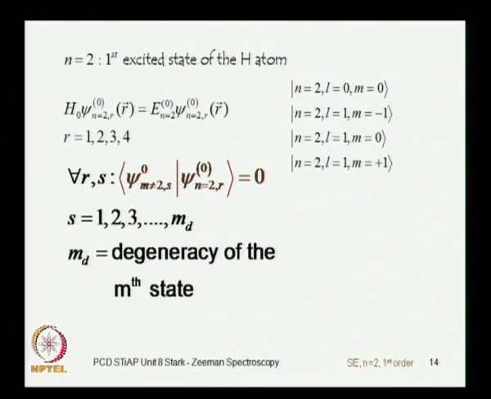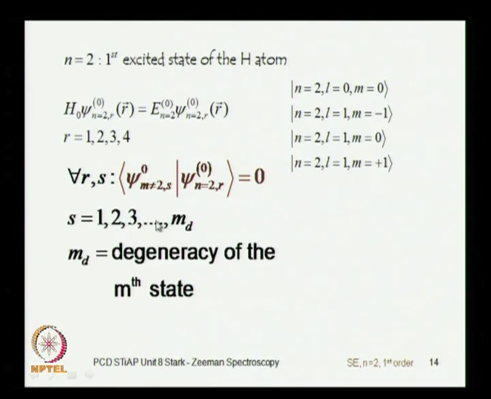So, you have to remember that all of these 4 states are orthogonal to each other, and they are also orthogonal to all the states for m not equal to 2. Whenever m is not equal to 2, I have an additional quantum number, an additional index s, because the m not equal to 2 state may also be degenerate.